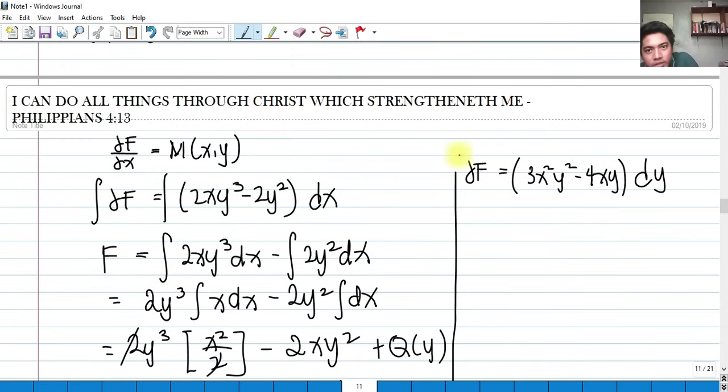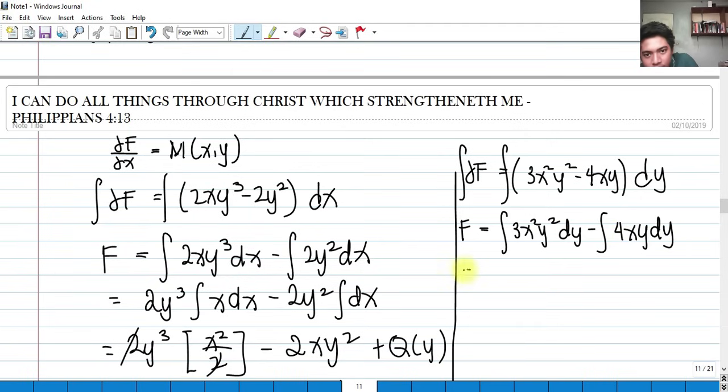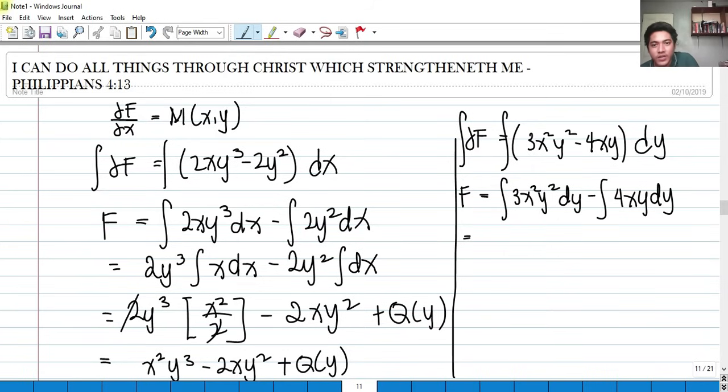So, integrating both sides of the equation, we now have f equals the integral of 3x squared y squared dy minus the integral of 4xy dy. This is with respect to y, so all of the variables other than y I can factor out, same as the constants. So we have 3x squared times the integral of y squared dy minus 4x times the integral of y dy.